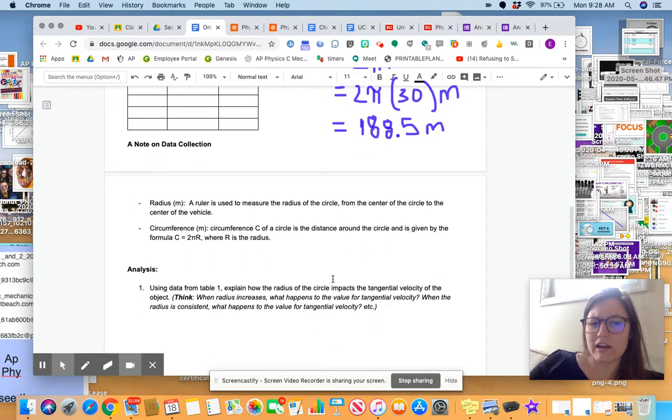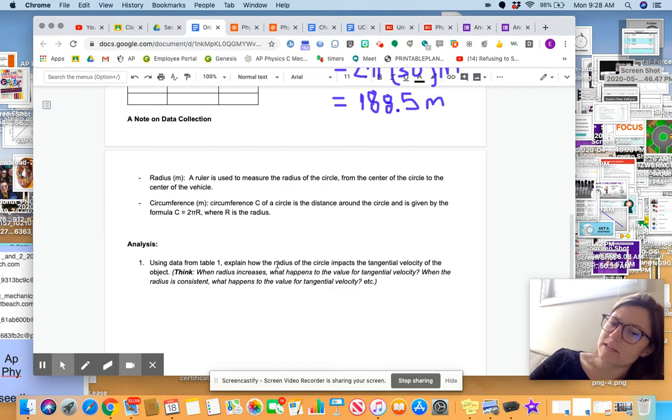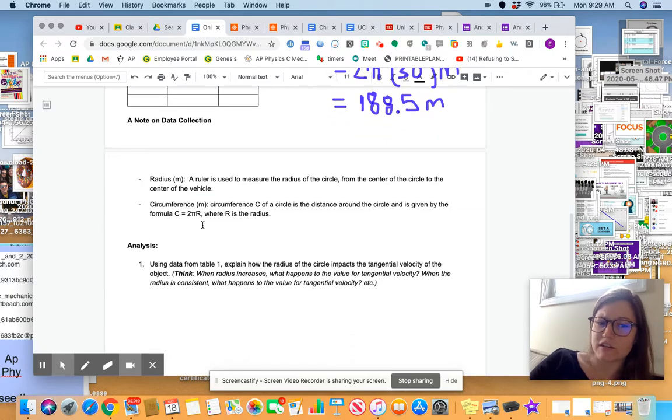When you increase the radius, does tangential velocity increase, decrease, or stay constant? Okay, and there's some guiding questions to help you there. When radius increases, what happens to the value for tangential velocity? When radius is constant or consistent, what happens to the value for tangential velocity? Okay, you're going to use data, numbers from that table to answer that question.